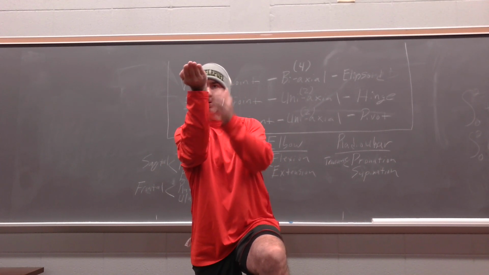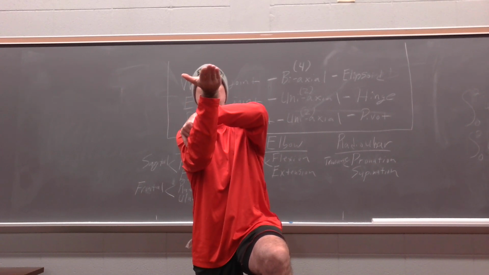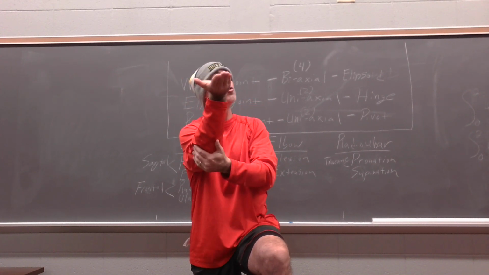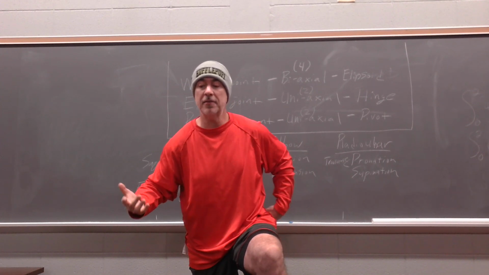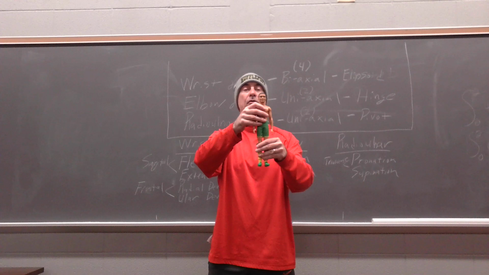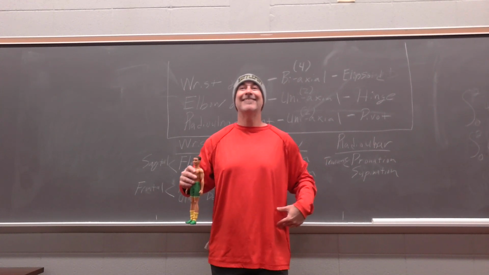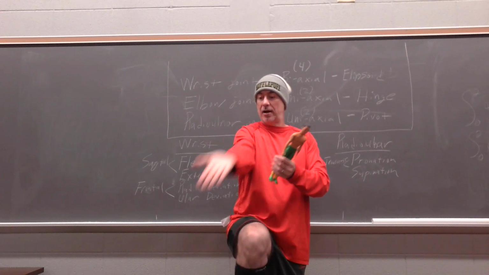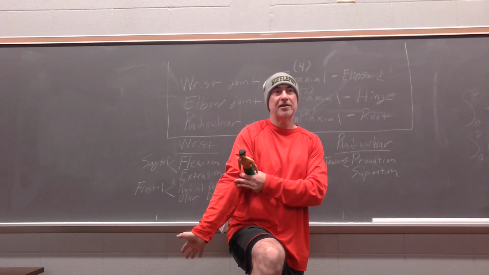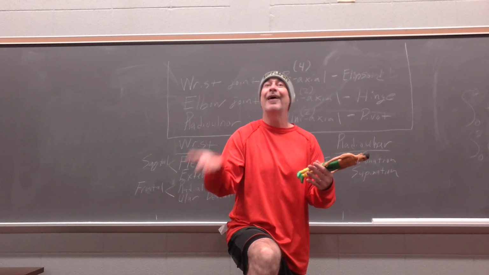Radial ulna. Thumb side, lateral. I'm unwrapped. My radial ulna joint is supine. Think of it like this, Ken is supine whether or not he bends his knees. None of that matters. So I'm supine whether or not I flex or extend my wrist, and whether or not I flex or extend my elbow.